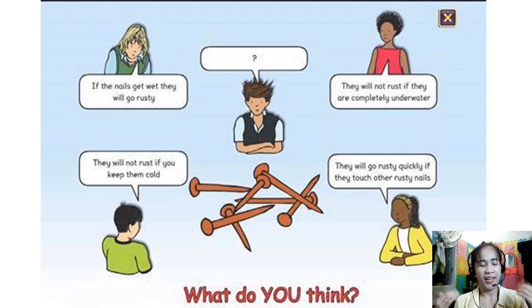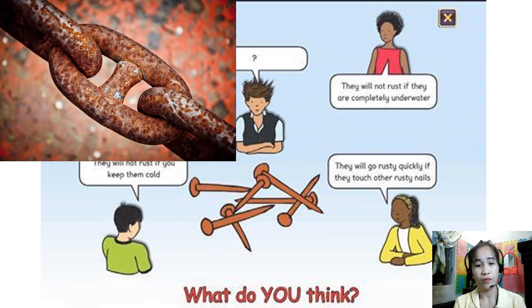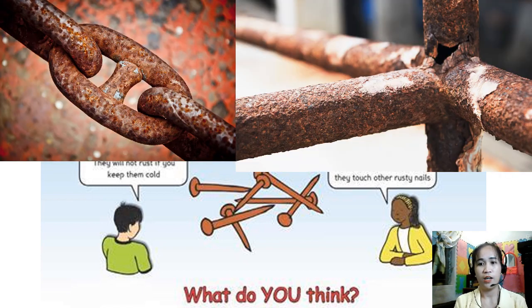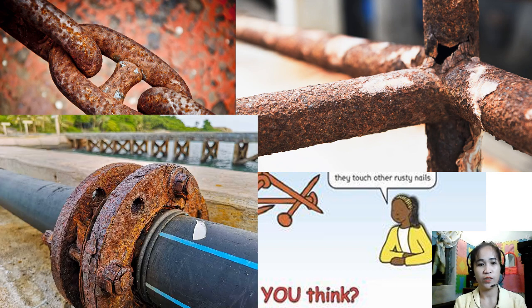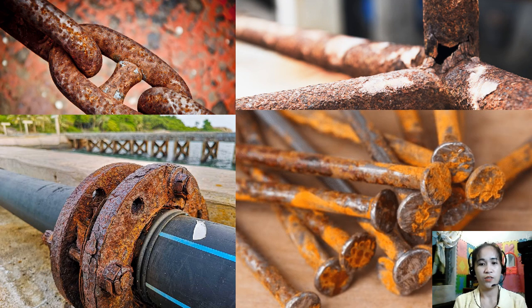So again, the reactivity of metals can cause deterioration of the materials. Try to take a look at these pictures. What do you think, or what do you call these reactions?